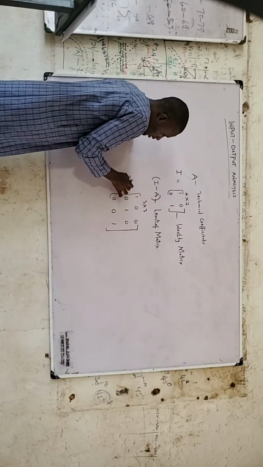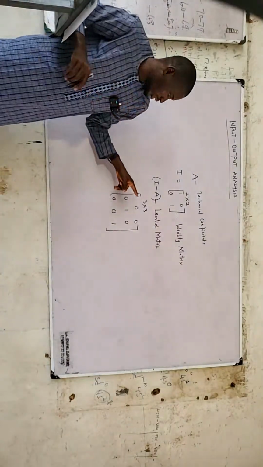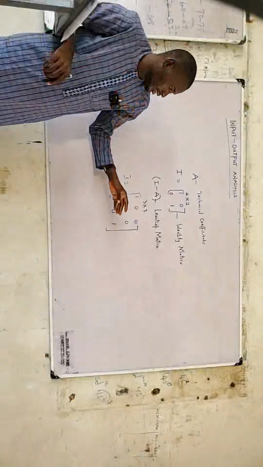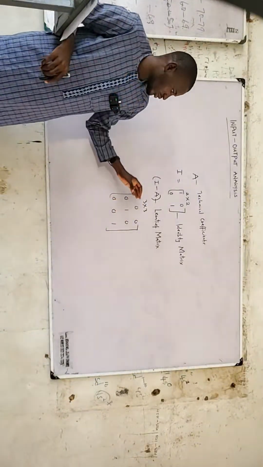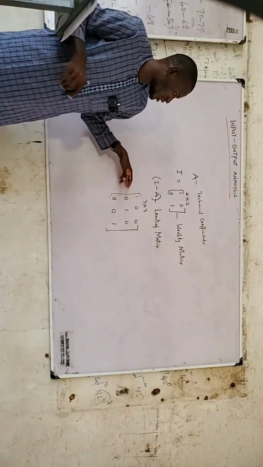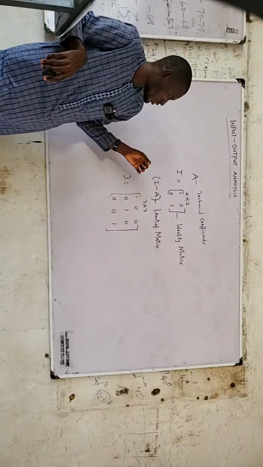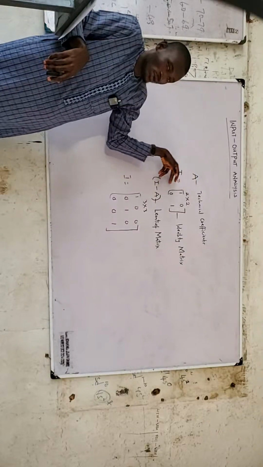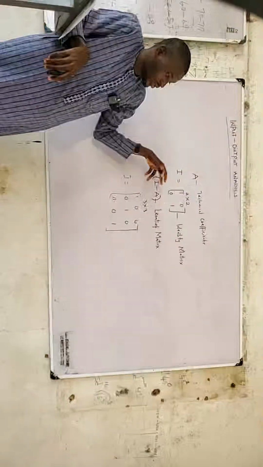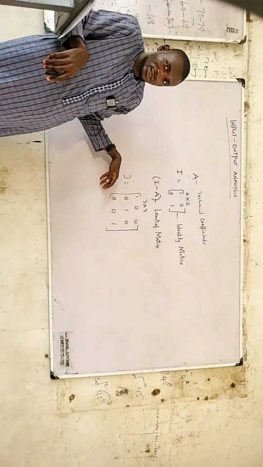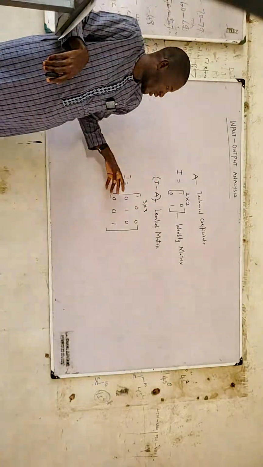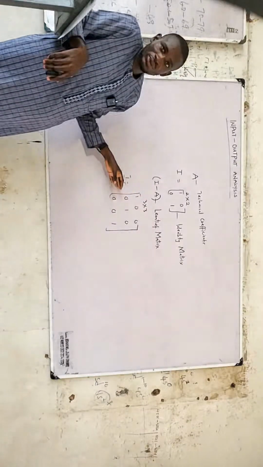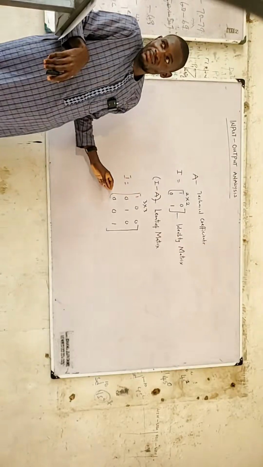Since we are dealing with an identity matrix, all the elements on the major diagonal must be 1, and the remaining elements will be 0. So this one is for a 3 by 3 matrix. They will give you a question that involves either two unknowns, x1, x2, or x1, x2, and x3, depending on the requirement.